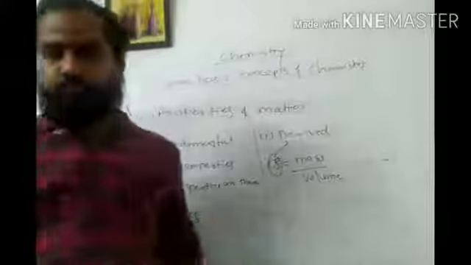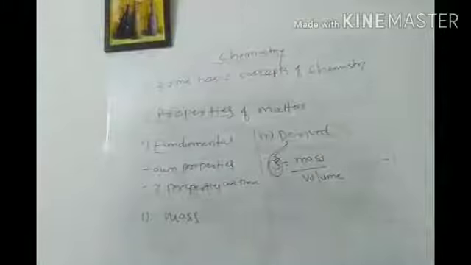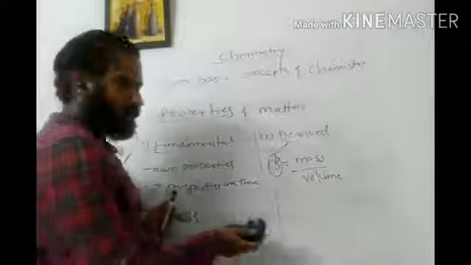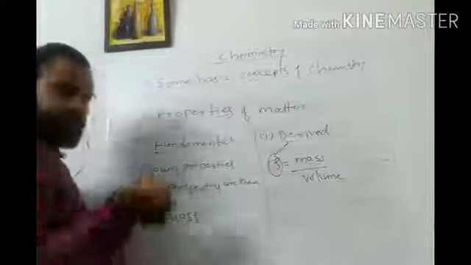When we discuss the fundamental properties, there are a total of 7 properties, as I already told you. I will write them down one by one, with their units also.